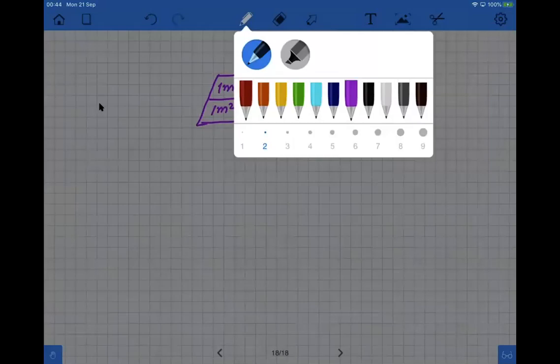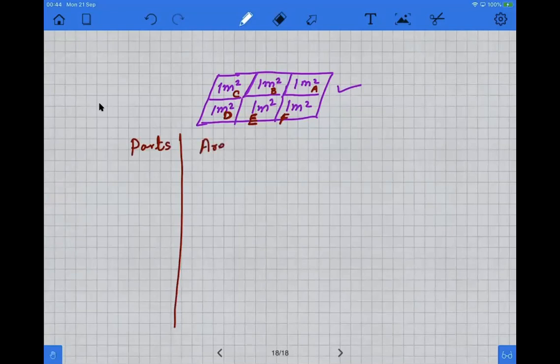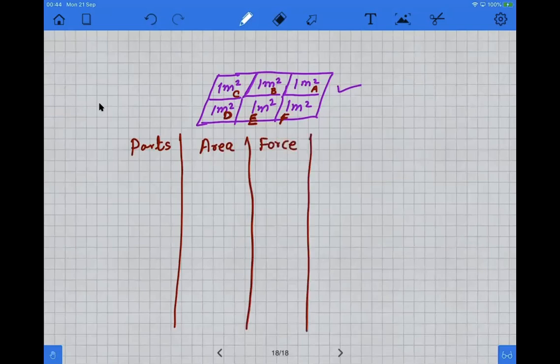Now, if we name these parts of the sheet kept in liquid as A, B, C, D, E, and F, then as you increase the area of the sheet, the liquid in contact will also go on to increase. So for the parts that we are taking, we look at the area, the force due to the liquid, and the pressure.